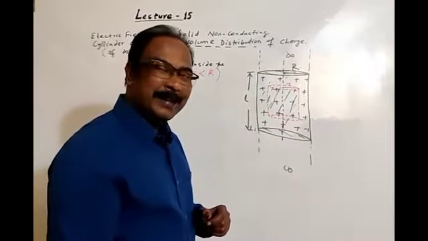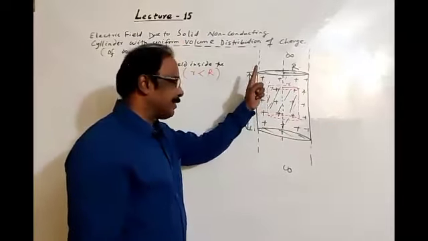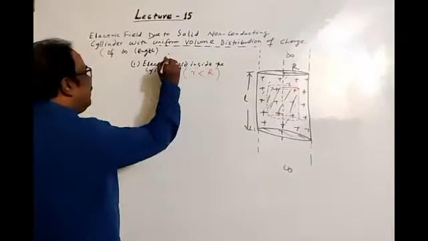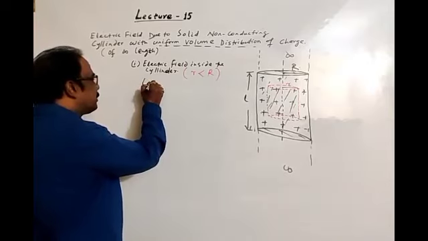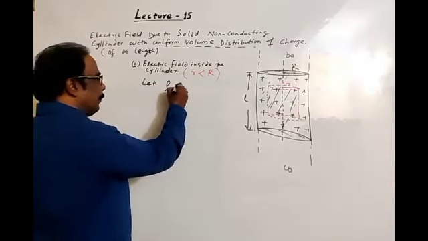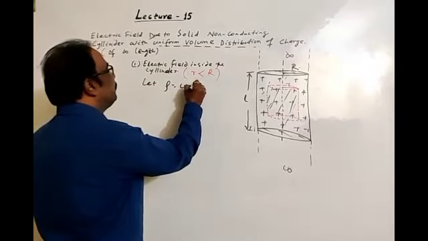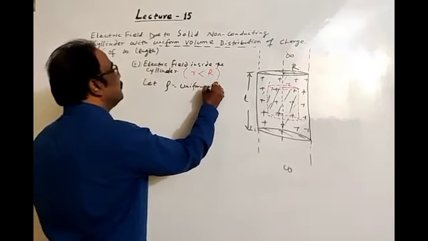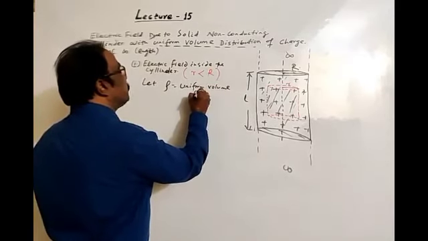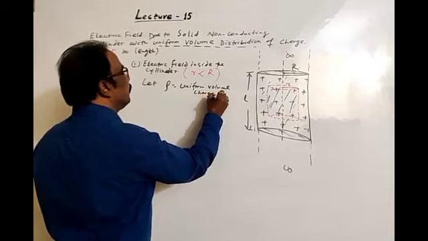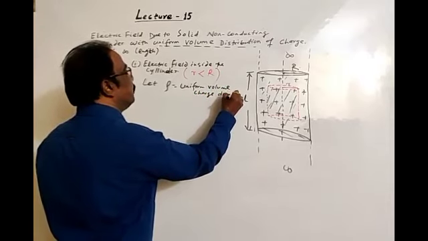Then what's the charge enclosed by this surface? With volume distribution of charge, let's take rho, the uniform volume charge density.